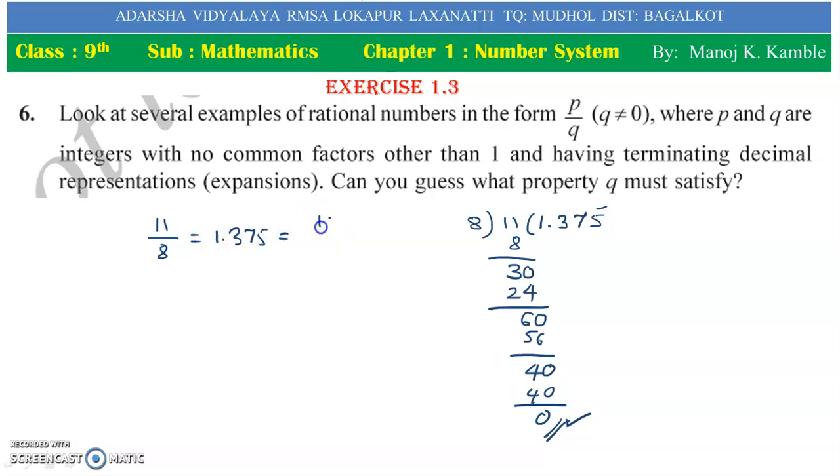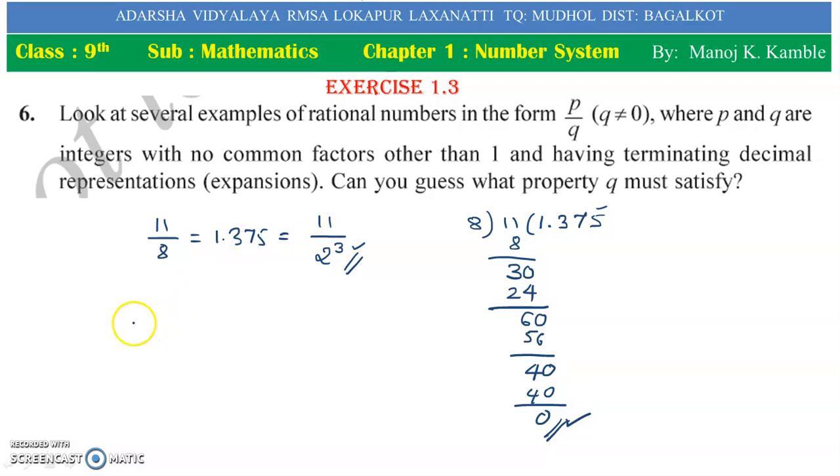But check the value of q here, 8. 8 is nothing but 2 raised to 3. Okay, if the denominator is a power of 2, power of 5 or power of both, then the expansion should be a terminating decimal expansion.